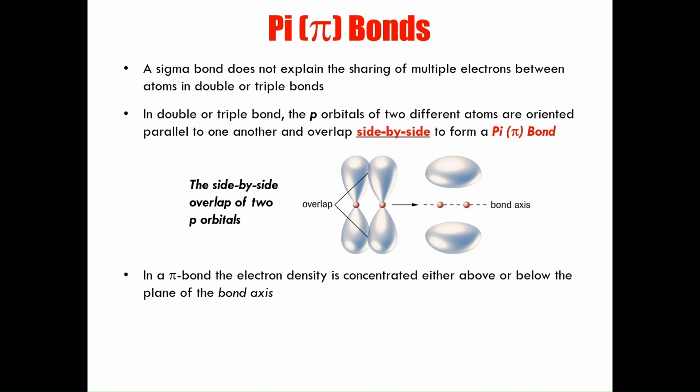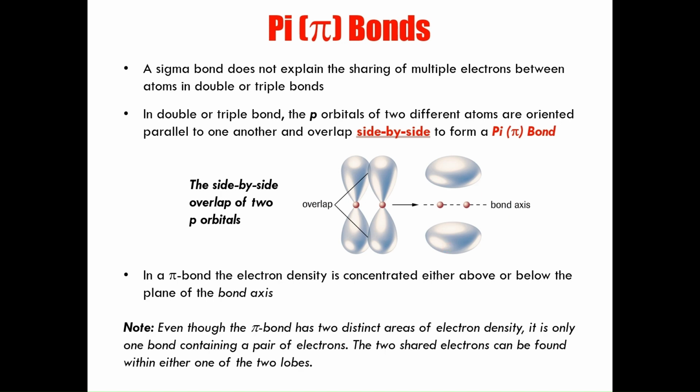What confuses students is the existence of two pi bond orbitals, one above and one below the bond axis. It's important to note that the shared pair of electrons in a pi bond will exist in only one of those bond orbitals.